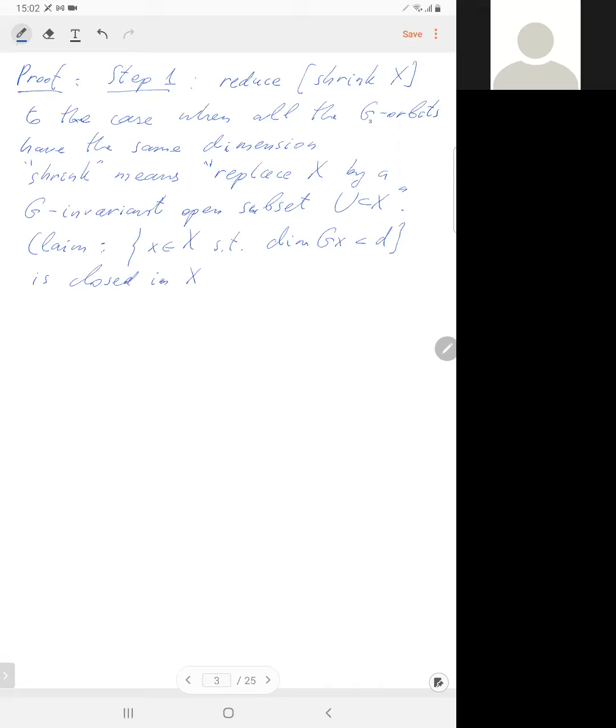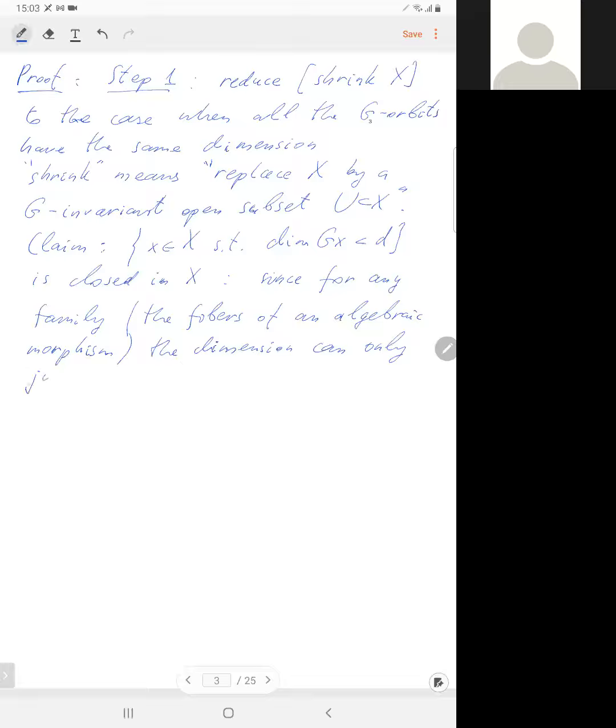And this is because for any family, that is the fibers of an algebraic morphism, the dimension can only jump under specialization.